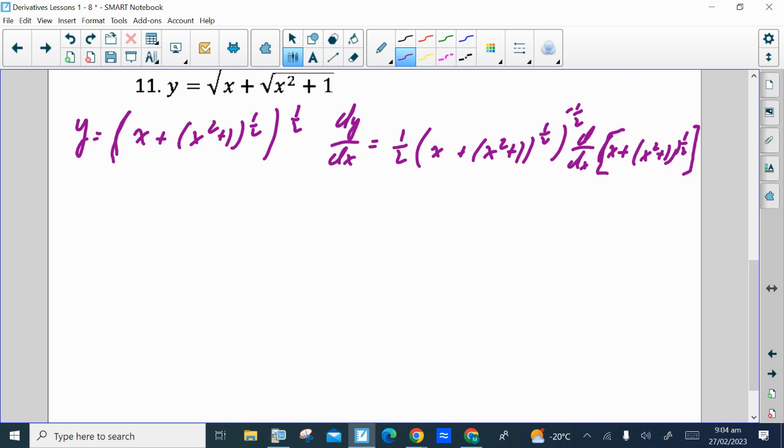That's the chain rule. Use the power rule as your first step, but then you're multiplying by the derivative of what's inside the bracket. And now when we differentiate what's inside those big square brackets, we're going to have to use the chain rule again when we differentiate that second term, because it's also a power, x squared plus 1 to the 1/2.